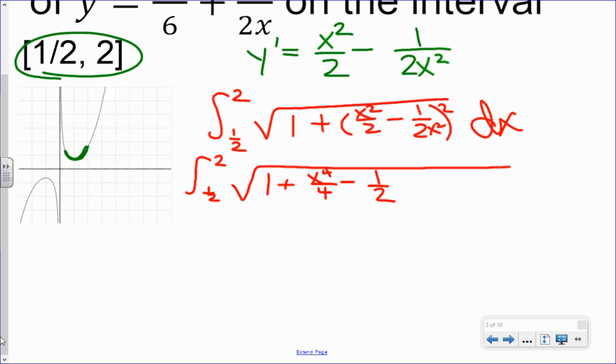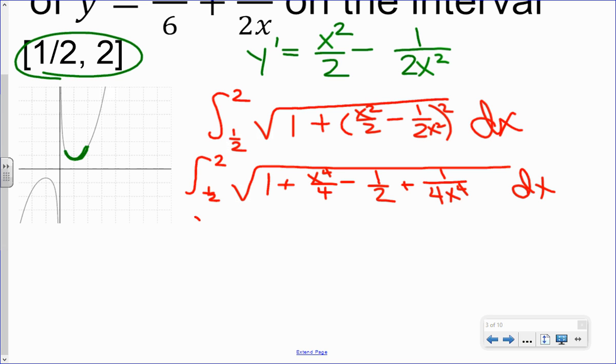B times b. Shouldn't the first term be over 2? X squared over 2. Oh, no, never mind. Okay, we're good then?